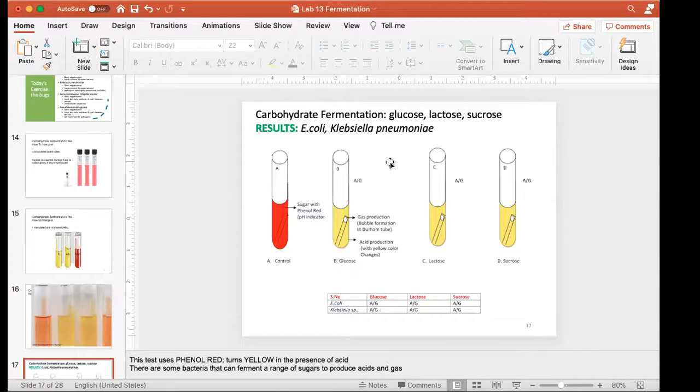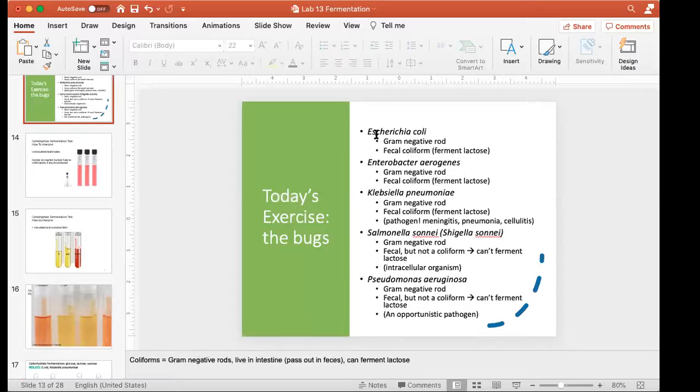So I don't have actual pictures for you today of our results. They didn't come out very well. So instead, I pulled some images out of a textbook that will demonstrate the results. Remember, we're using 5 different organisms today: E. coli, Enterobacter aerogenes, and Klebsiella pneumoniae. Those are our 3 gram-negative coliforms.